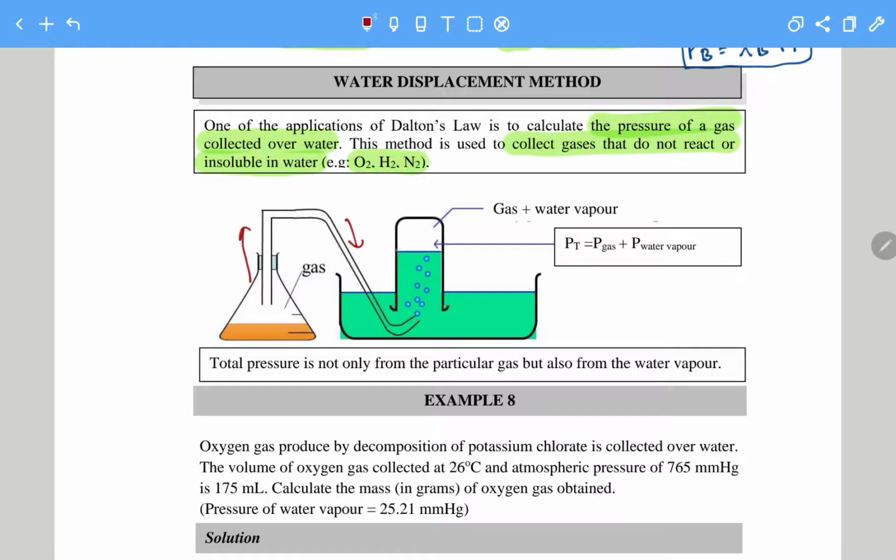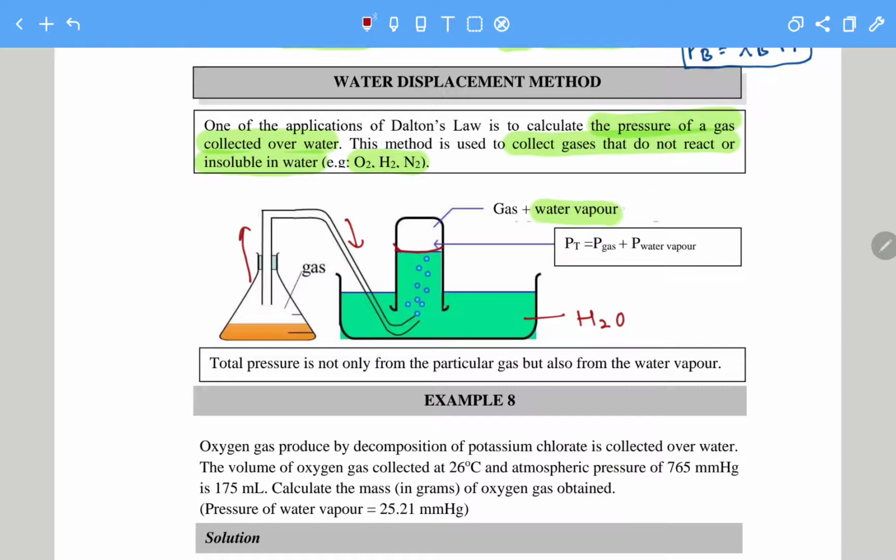And here selain daripada gas collected through the chemical reactions, if you perasan dekat sini, disebabkan ini adalah water, so on the surface of the water ni akan sentiasa berlaku proses vaporization, means berlaku proses penyejatan. So that's why inside this chamber bukan only ada gas yang terhasil from the water displacement method, but also akan ada presence of wap air, water vapor.